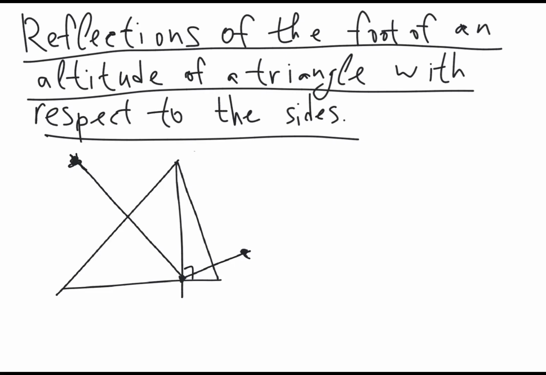So this point and this point. Reflections means that these angles are right angles, and these segments are equal and these segments are equal. And the main theorem is that these 2 points lie on the same line as the line connecting the other 2 feet of the altitudes in the triangle.